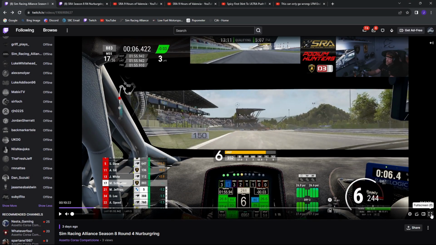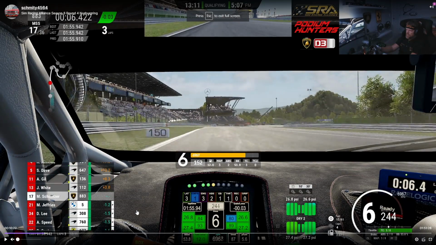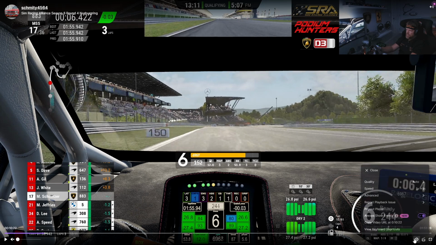Okay, so turn 1 at Nürburgring. This is another classic example of someone who has room to grow with respect to their trail braking. Let me take the speed down here.